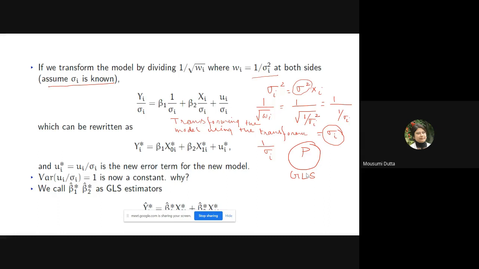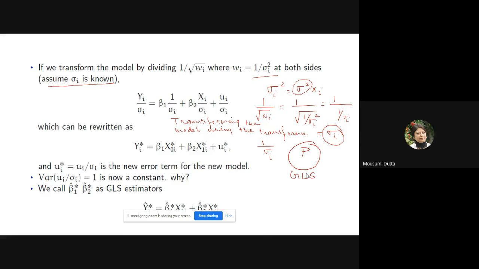So I'm deflating the entire model by sigma i, or multiplying the entire model by 1 by root over wi. Sorry, dividing the entire model by 1 by root over wi, and getting the transformed equation yi by sigma i is equal to beta 1 times 1 upon sigma i plus beta 2 xi by sigma i plus ui by sigma i.